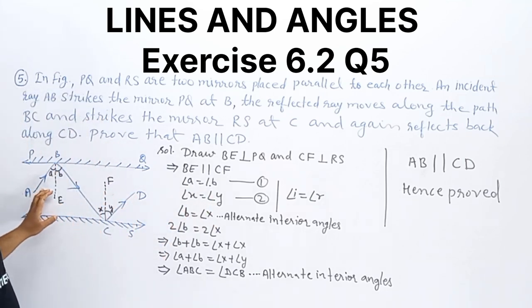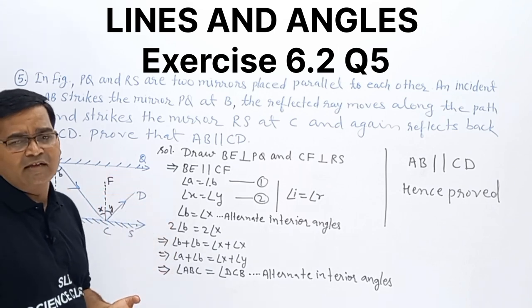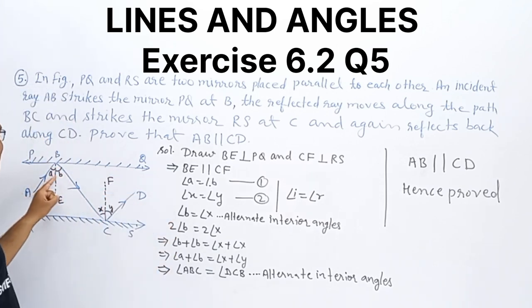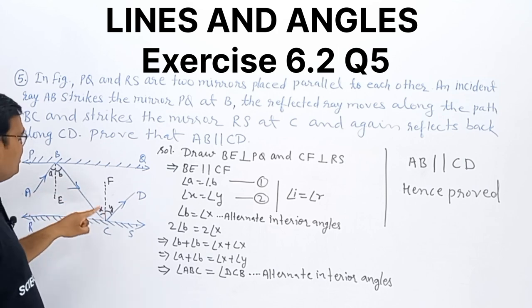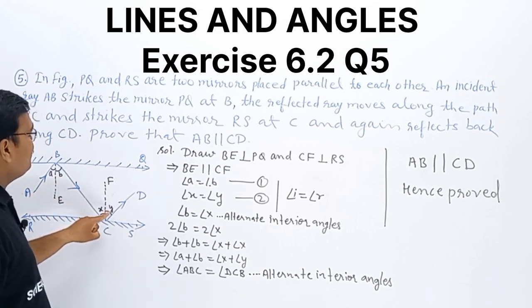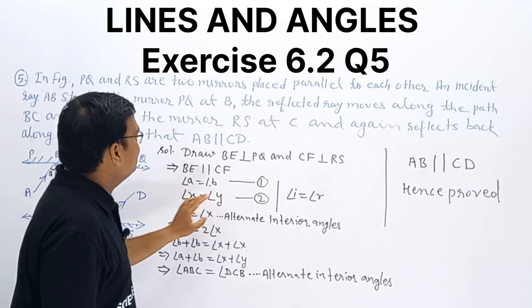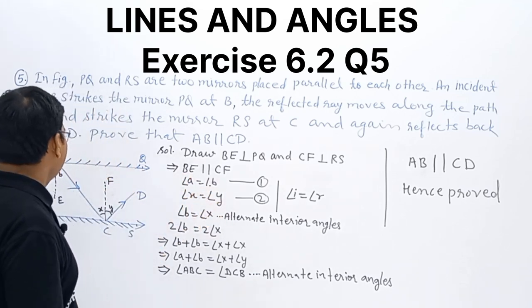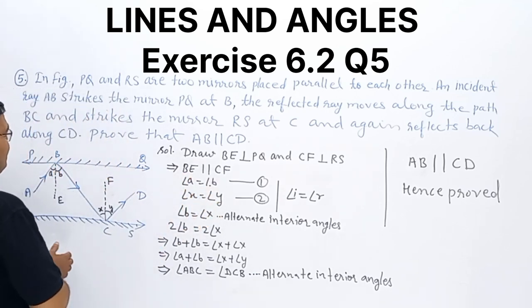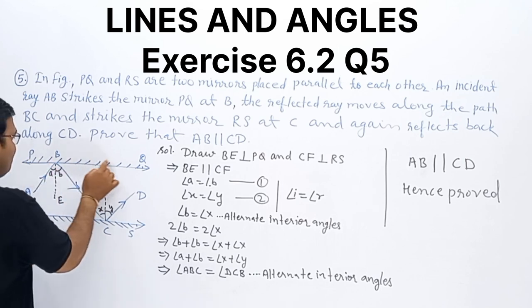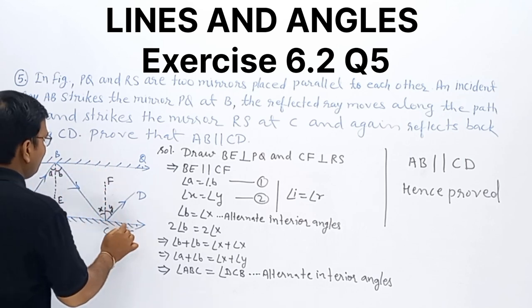So in a mirror we have an incident angle and a reflected angle. We assumed for this one that A, the incident angle, equals the reflected angle B, and for this mirror the incident angle is X and the reflected angle is Y. So in this way we get both equations. Now by observing, we can say BE is perpendicular to this one and CF is perpendicular to this one.